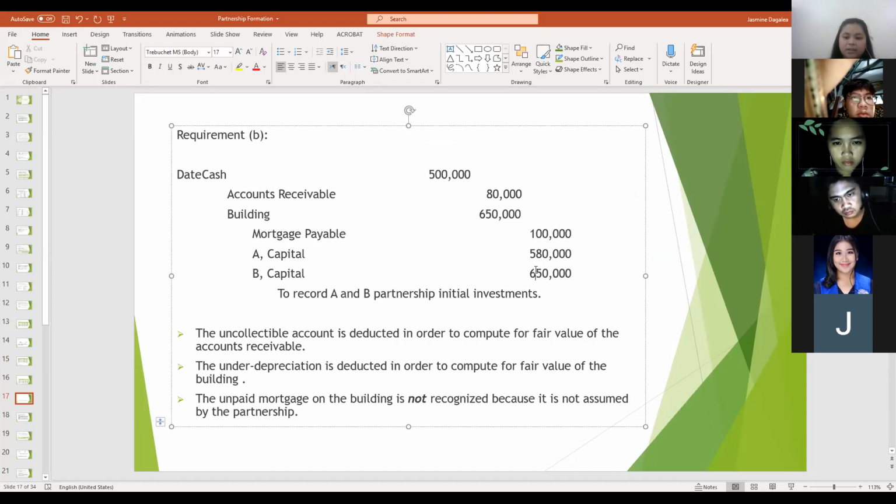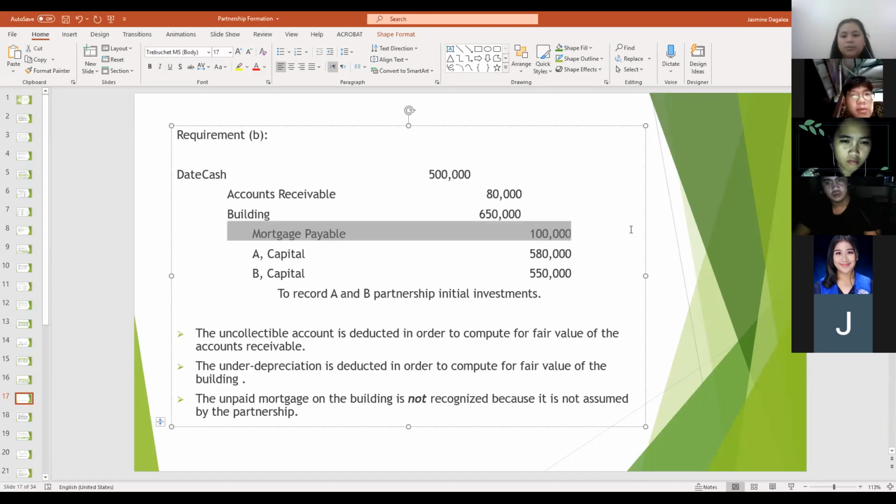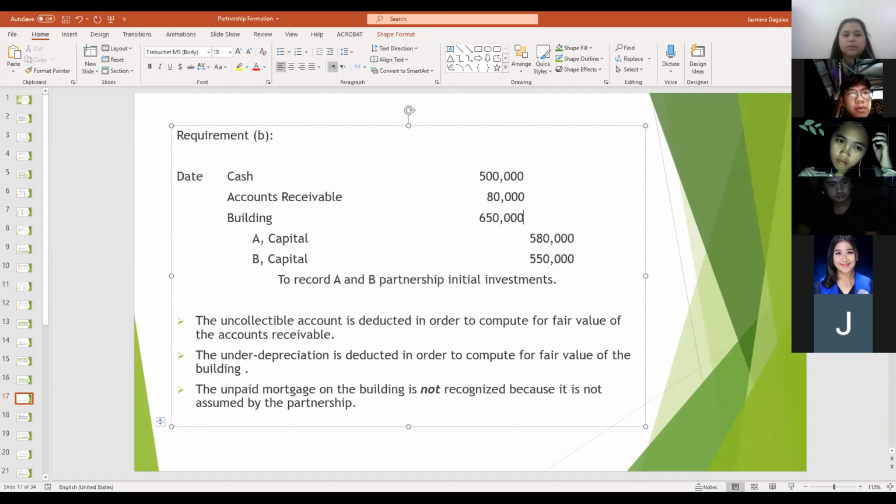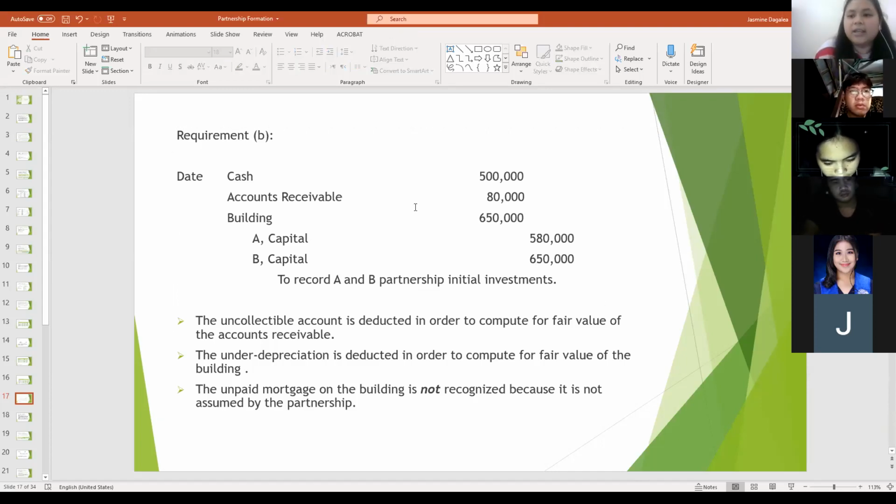Tapos, minus 100K dito. 550 lang yung net contribution ng capital B. Gets? Kasi inassume ng partnership. If hindi inassume, tanggalin to. 650 pa rin yung equity niya. Okay? Yan.